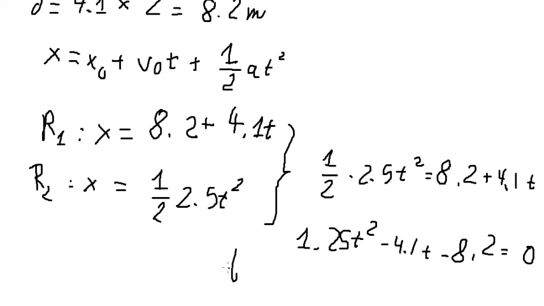So we have t approximately 4.6813 seconds. So we just choose the positive number, and this is the final answer we need to find in here. This is the end. Thank you for watching.